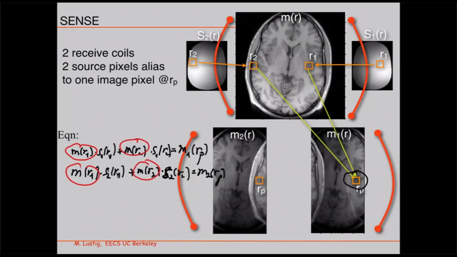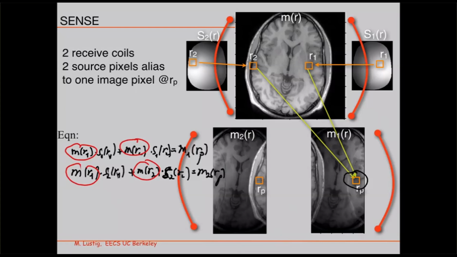So I have two values, two unknowns, and I've got two equations. And these are linear equations, right? This is M at R1, the same thing appears here. So I have two unknowns. Folks, yes, nod, just give me an indication, right? Okay, two unknowns, two equations, well, we can do something about it, right?